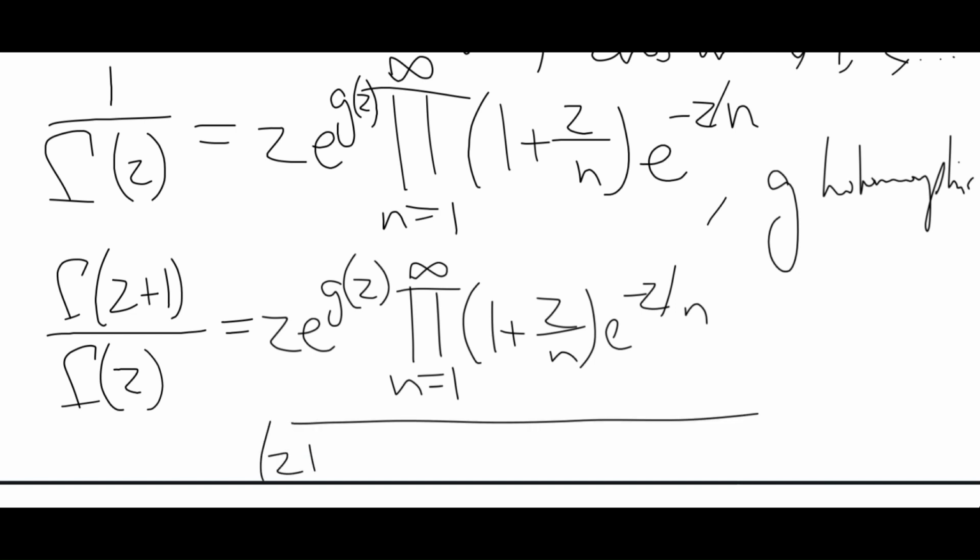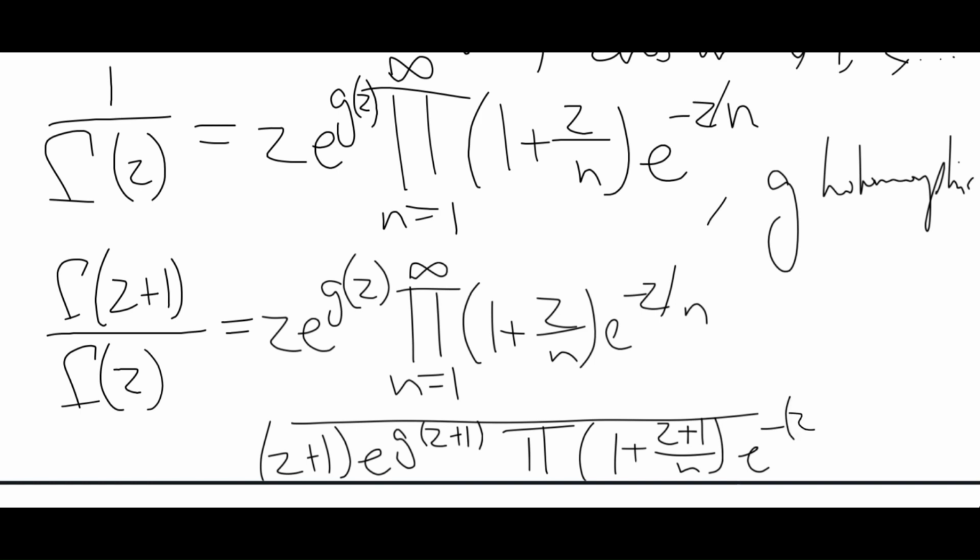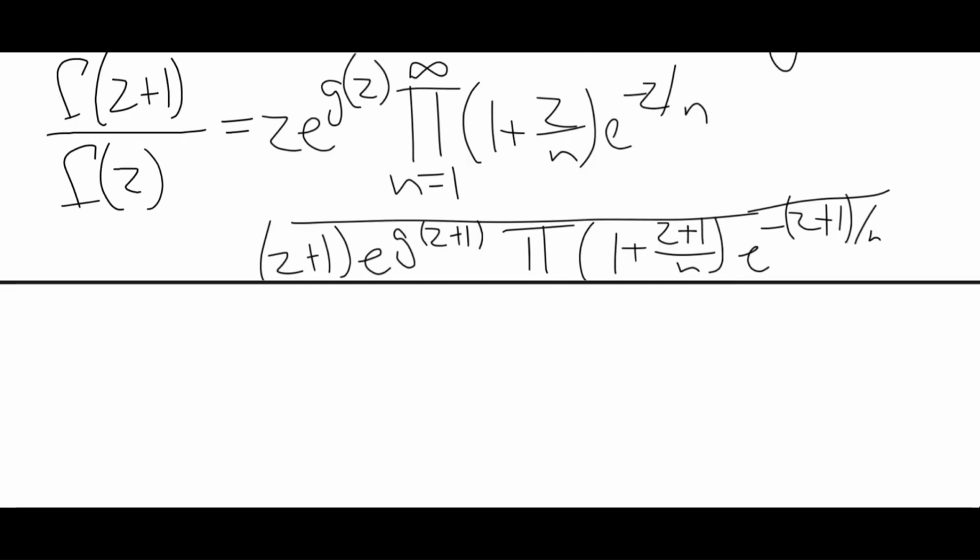Okay, so z plus 1, e to the g of z plus 1, product of 1 plus z plus 1 over n, e to the minus z plus 1 over n. Now that looks bad, but there's quite a lot of cancellation.